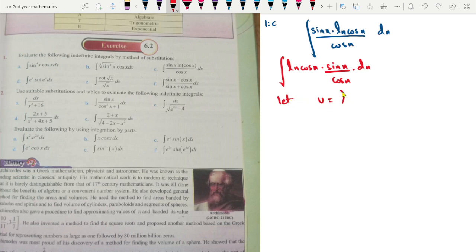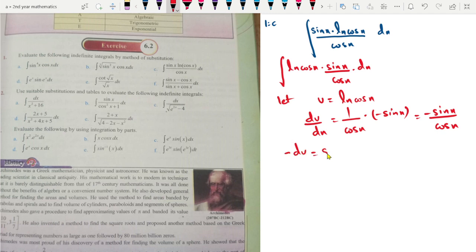Now let u is equal to natural log of cos of x. du divided by dx is equal to 1 divided by cos of x, and the derivative of cos of x is minus sine of x. So this will become minus sine of x divided by cos of x. So minus du is equal to sine of x divided by cos of x dx. In place of this I can write minus du, and in place of the log I can write u.